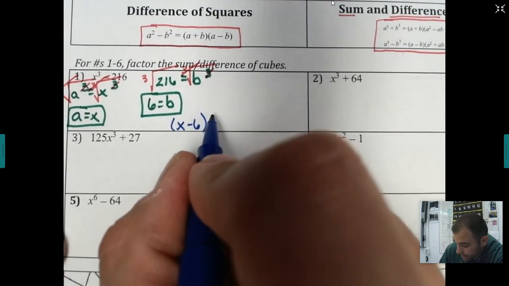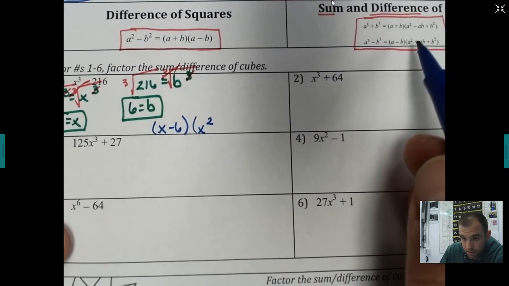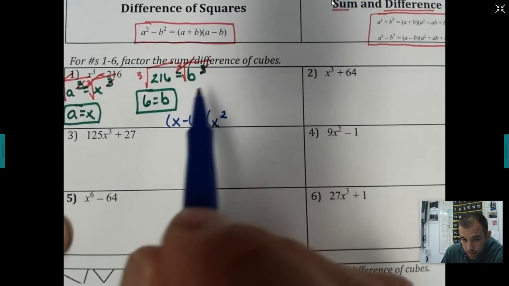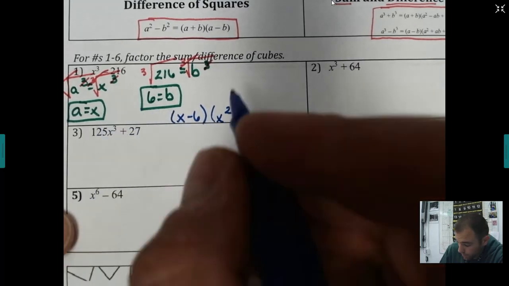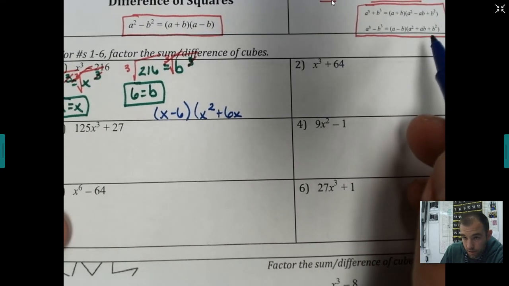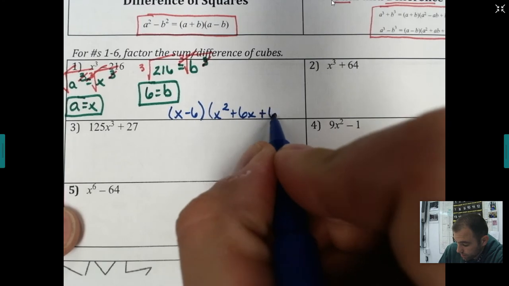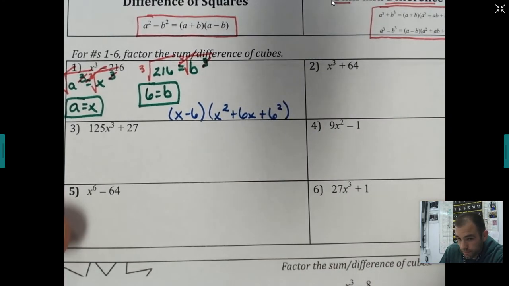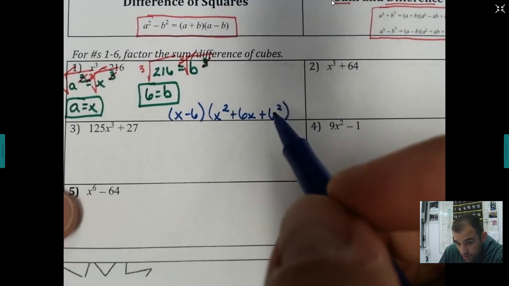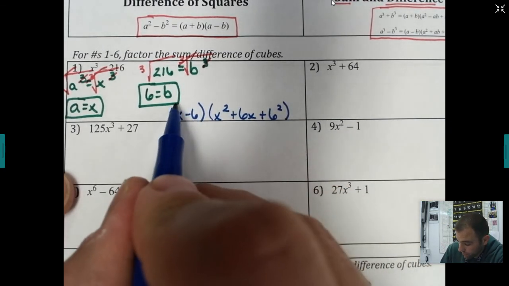I already know a is x, so that becomes x squared, plus a times b. So plus a times b would be 6x. And then it's plus b squared, since b is 6, so plus 6 squared. 6 squared is the same as 36, so I could write 36 in that spot. And we are finished. We factored it.